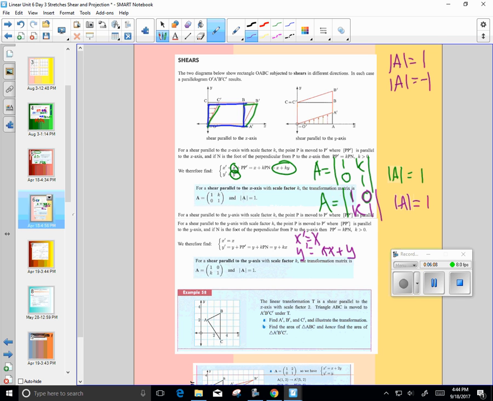This was for shear. And -1 was, didn't escape me, but I think it's the rotation. And then this equal to k. Those were the stretches.